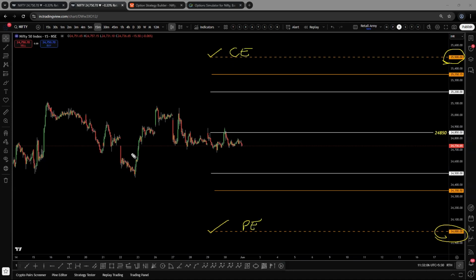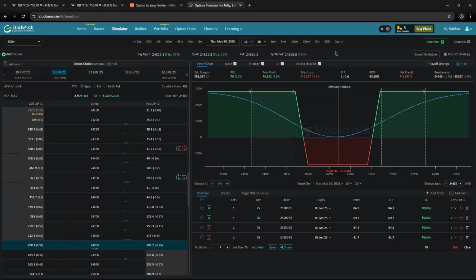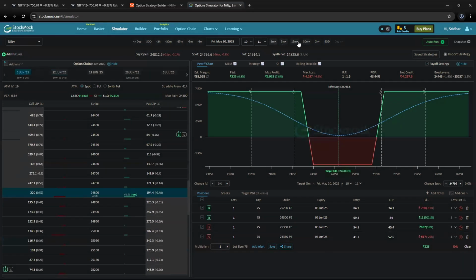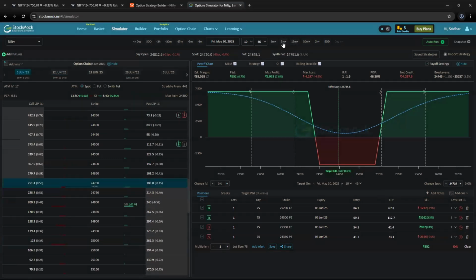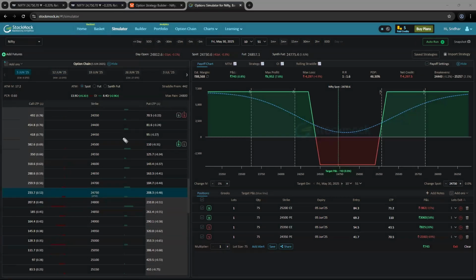So at approximately 10:50, I'll just go forward to 10:50. I'm simulating the historical price. So at this point, we are trading on Friday at 10:50 in the morning, and this is the strategy so far.